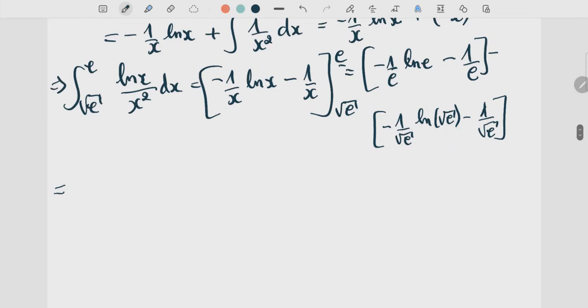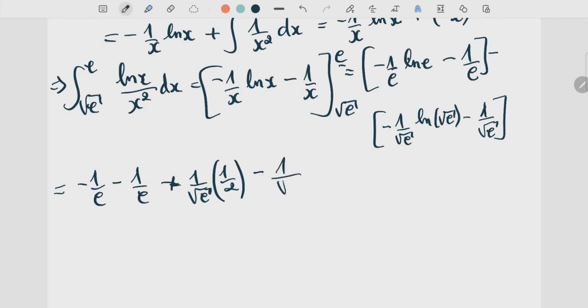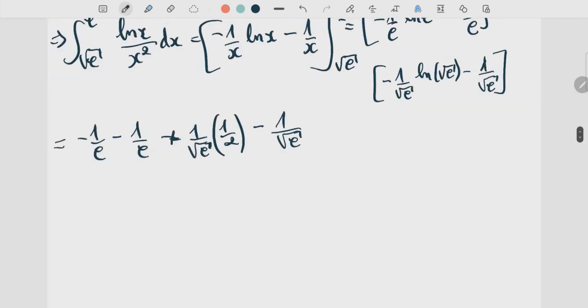We have negative 1 over e times ln e, which is 1, so that's minus 1 over e, minus that would be plus now 1 over the square root of e times ln of root e, which is just 1 over 2. So 1 over 2 multiplied by 1 over 2 there, minus 1 over the square root of root e.